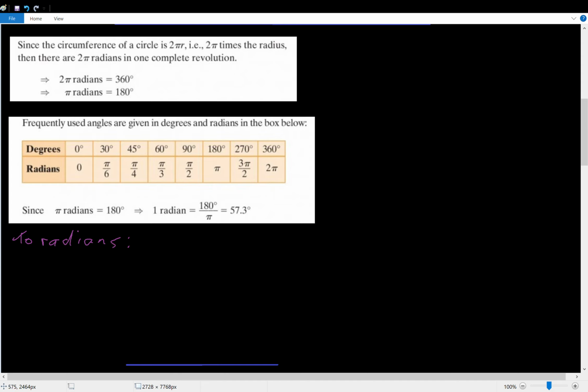Since 180 degrees is equal to pi radians, which we've established above, that means that 1 degree is equal to pi over 180 radians.